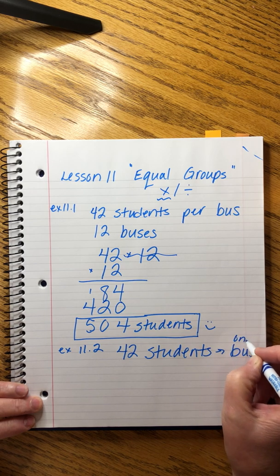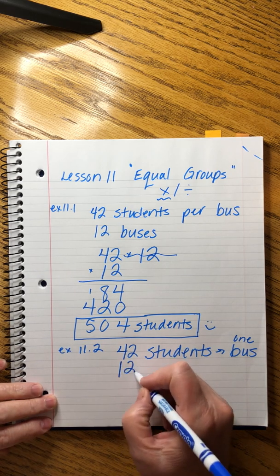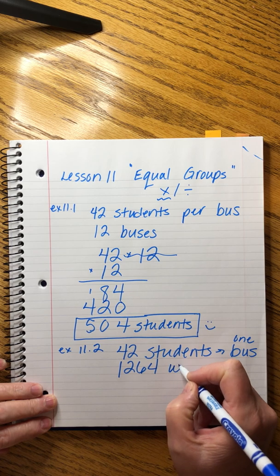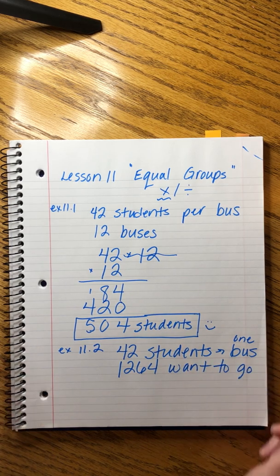I'll write one bus. There are 1,264 students who want to go to the game. 1,264 want to go. How many buses are needed to take all the students to the game?